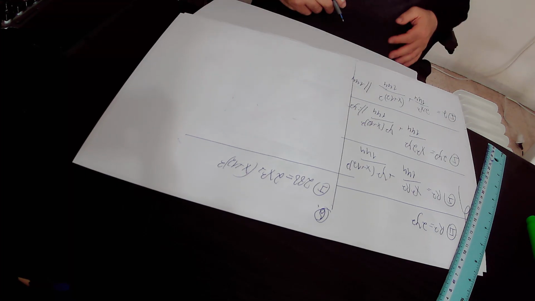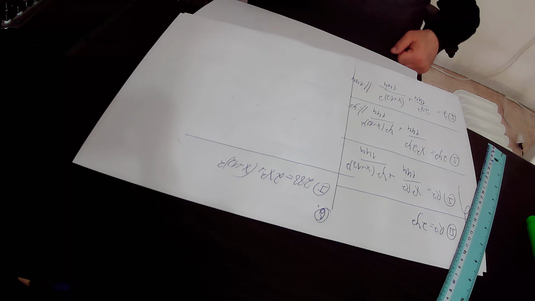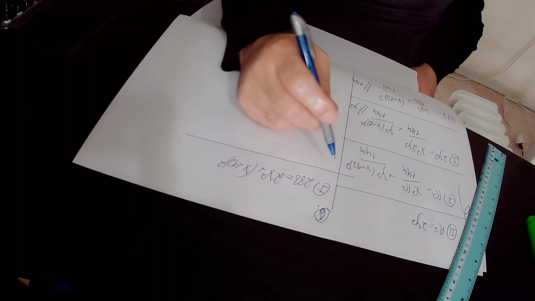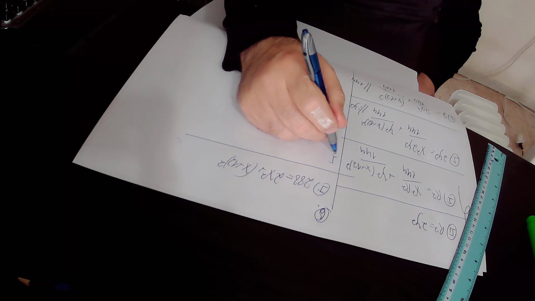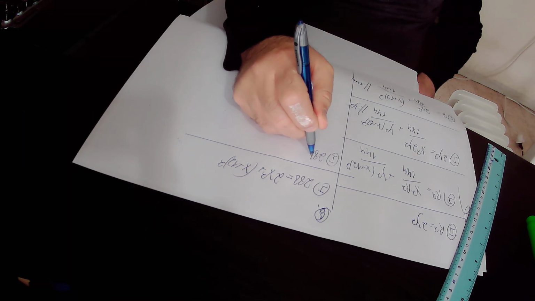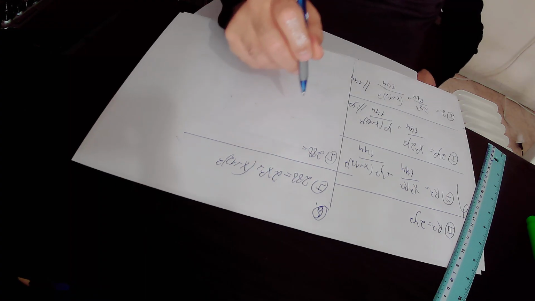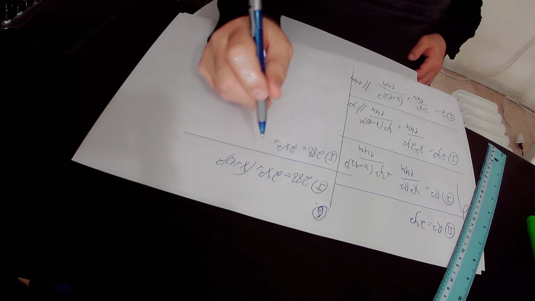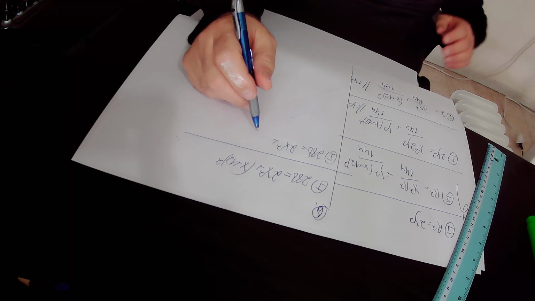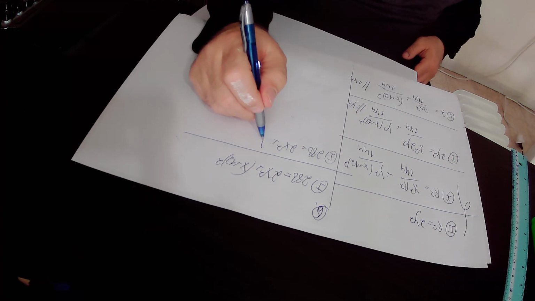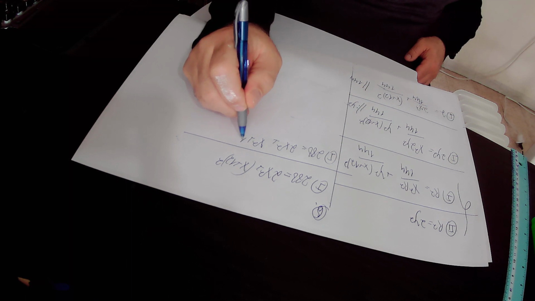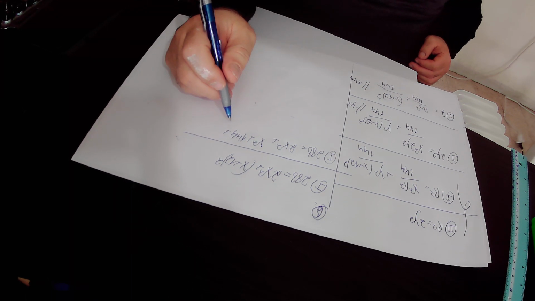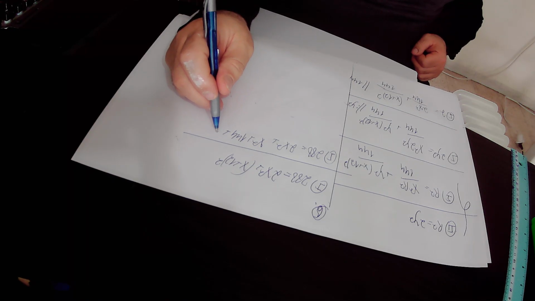So here when you open the brackets on this expression x plus 12 squared, you get that according to equation 1, 288 equals 2x squared plus, here we have x plus 12 squared, which equals x squared plus 12 squared, that is 144, plus 2 times x times 12 is 24x.